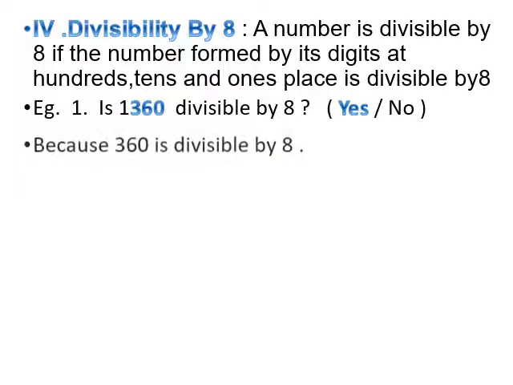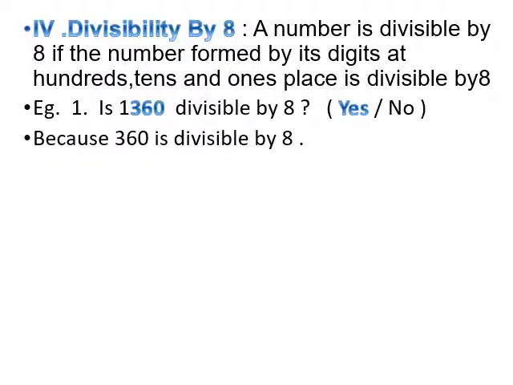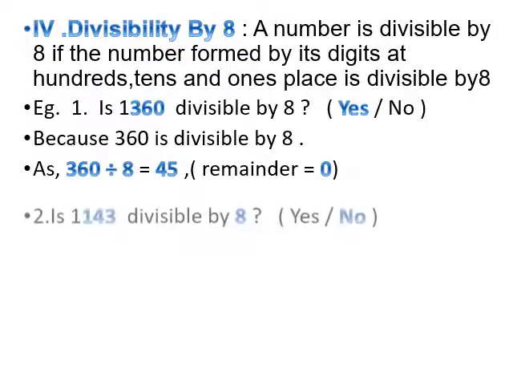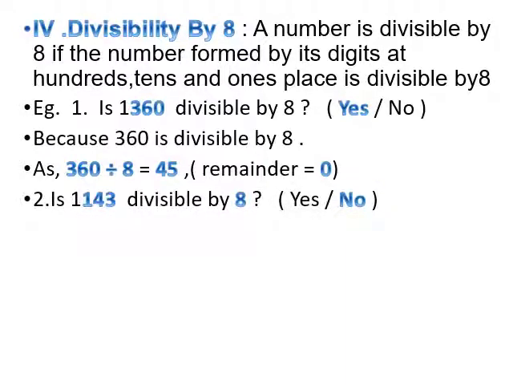So the number is 360, and 360 is divisible by 8 because when you divide 360 by 8, the answer is 45, remainder is 0, means it is divisible. Whenever the remainder is 0, we can say the number is divisible by that divisor. So 360 divided by 8 is equal to 45, remainder 0, and therefore you can say 1360 is divisible by 8.